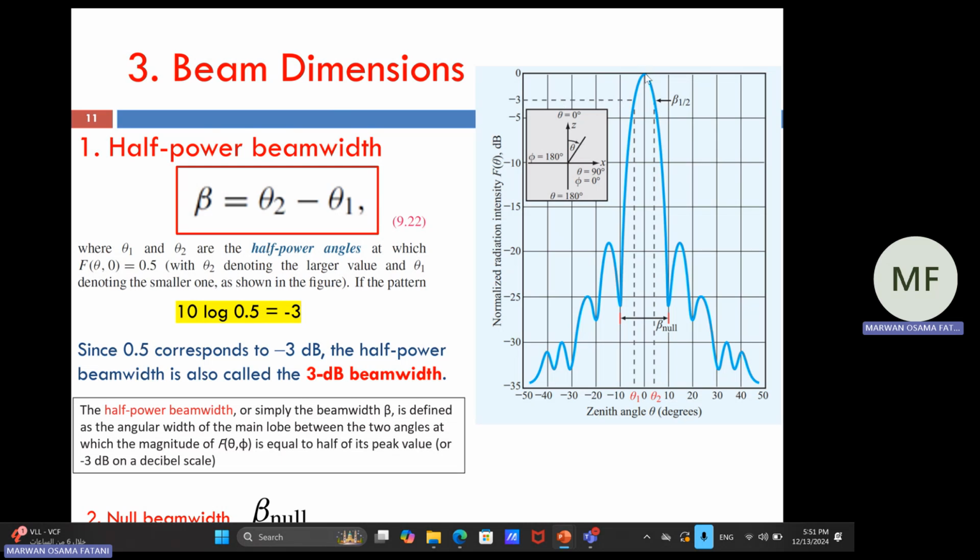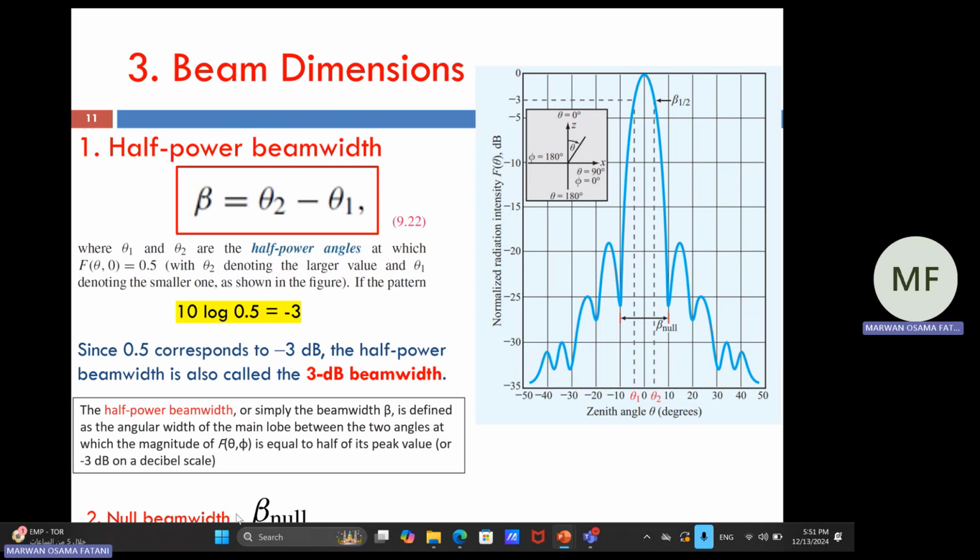So if that was the maximum value, when the power in the direction of the pattern becomes half, and half translated in dB becomes -3, we draw two lines coming down to the angle axis, and we find the angles of both of these lines. After we subtract them, that's going to be our half power beam width.